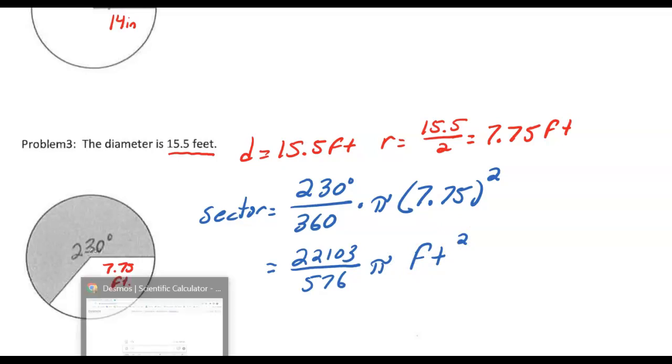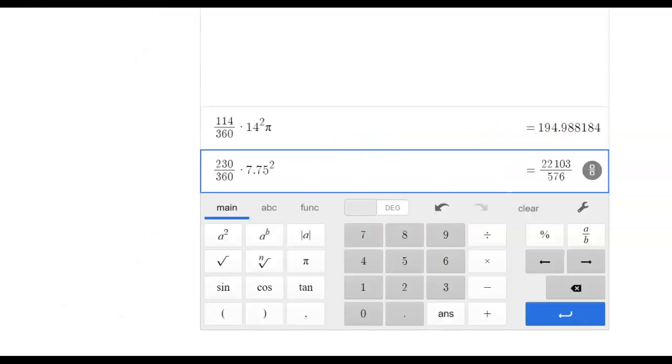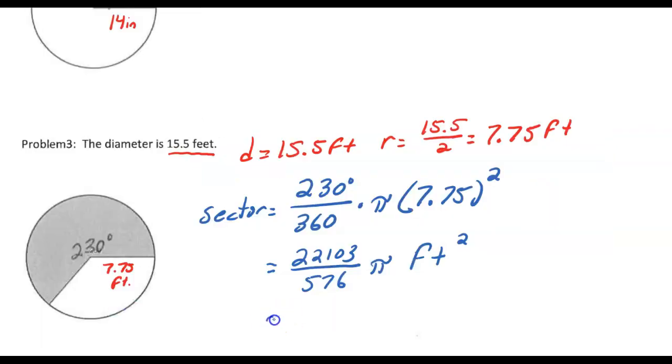Then when I go back to my calculator and use the pi button to get the decimal, I'll get 120.55 feet squared. So I want us to practice the SAT answer, or the exact answer in terms of pi, which I'm highlighting in yellow, and then get the decimal approximation.